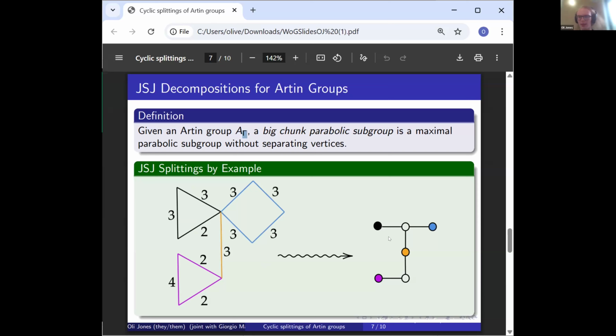So this does end up being a JSJ, just with slightly more argument. Things are also more complicated if you have leaves on your graph, because then you have 2 generated big chunks, which aren't pinned at both ends. And the JSJ looks a bit different, so for today we're not having leaves, but the same thing is still true. You still have a JSJ.